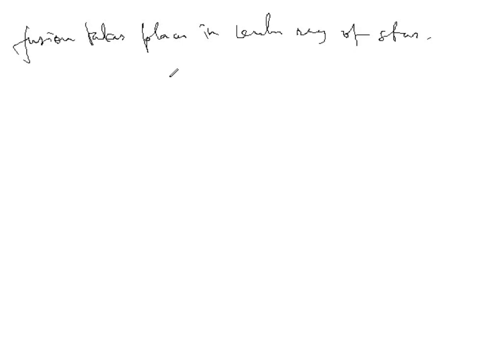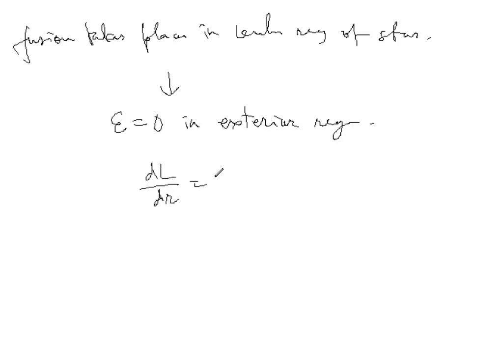So what can you say? Consequently, what we can say is that epsilon is equal to 0 in the exterior regions. And so, dL/dr is also equal to 0 in exterior regions.